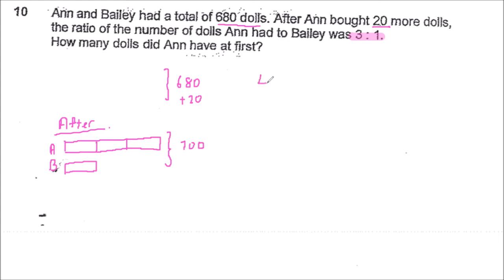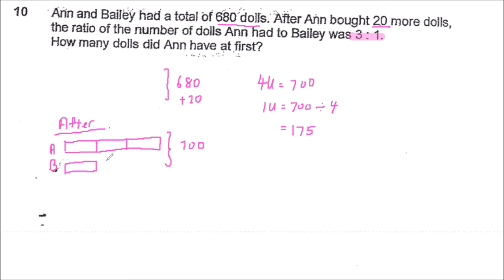So we have 4 units equals 700. So 1 unit would be 700 divided by 4. That will give us 300, no, sorry, that will give us 175. Okay, so how many dolls did Anne have at first?